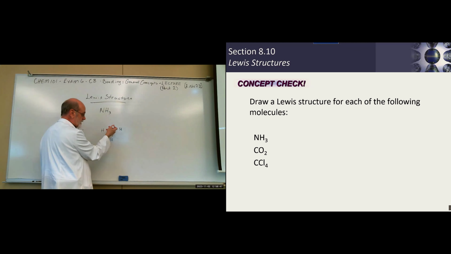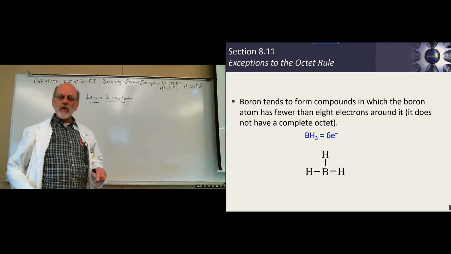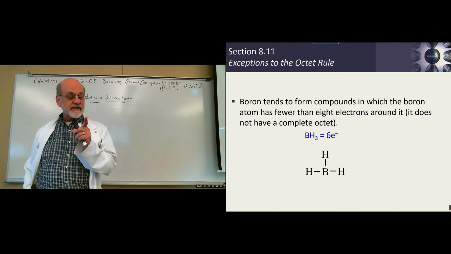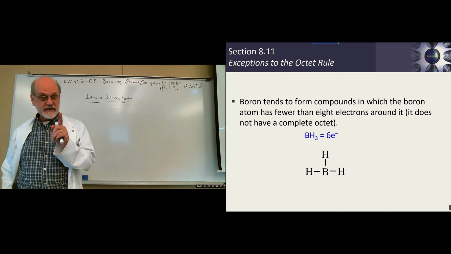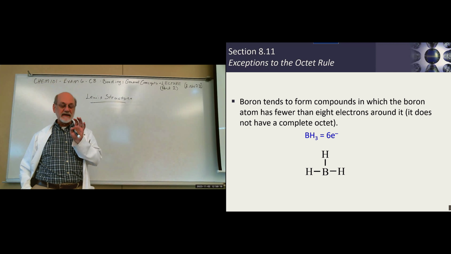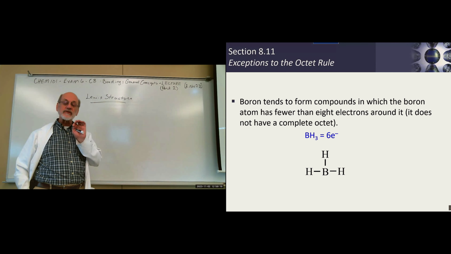Okay. Now for exceptions. The first exception is a situation where we know this compound exists, boron trihydride, right? It does exist. So we've got to explain it in terms of our theory or our model.